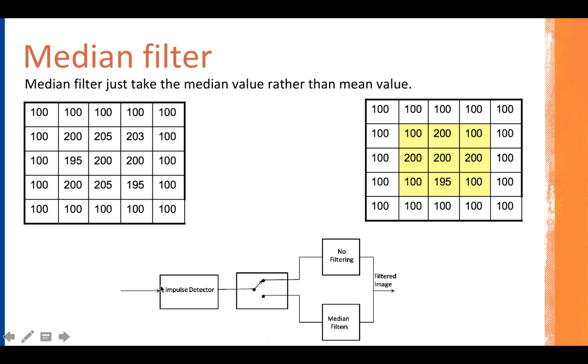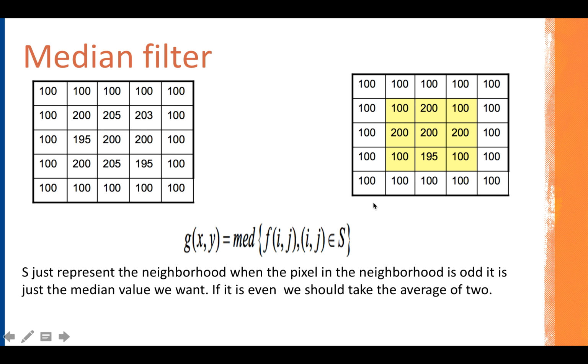Here it tells us first we need impulsive detectors, and this determines the noise count and decides whether to use no filtering or median filtering. For the median filter, here is the equation, where S represents the neighborhood. When the number of pixels in the neighborhood is odd, it is just the median value we want. If it is even, we should take the average of 2 pixel values.